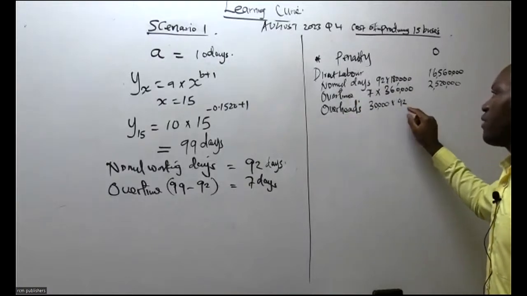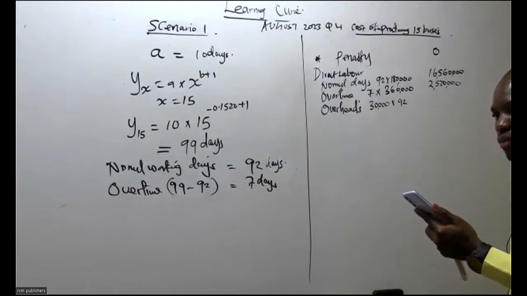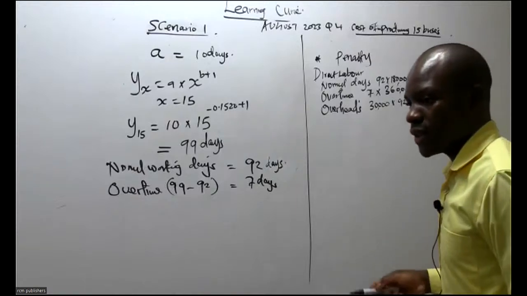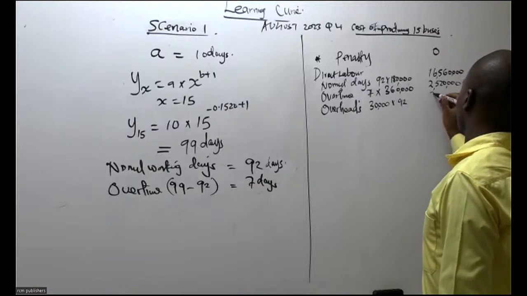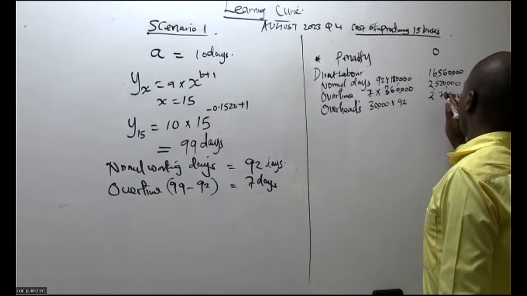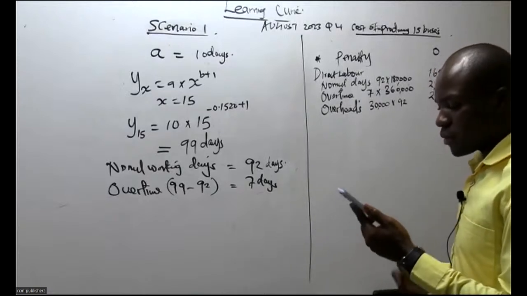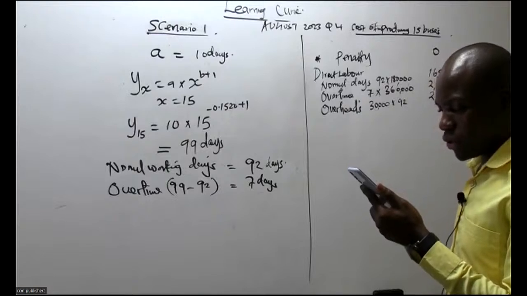So how much is the overheads? 30,000 by 92 is 2,760,000.